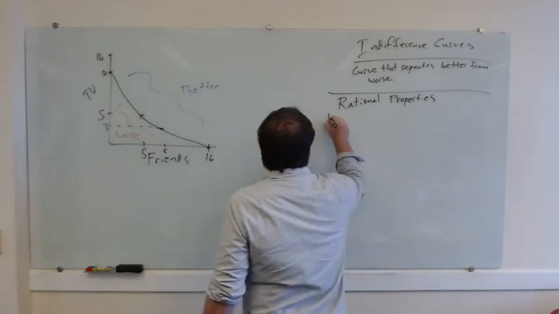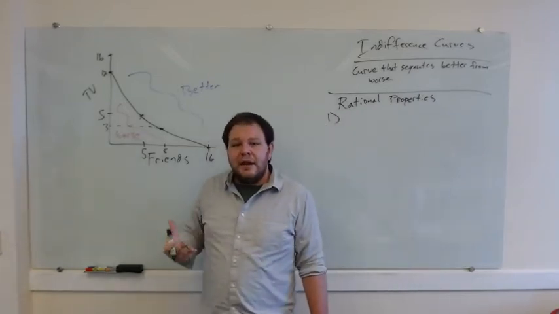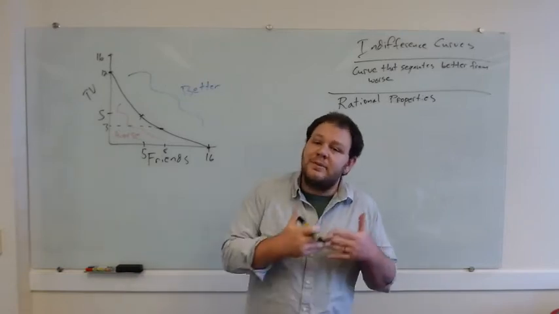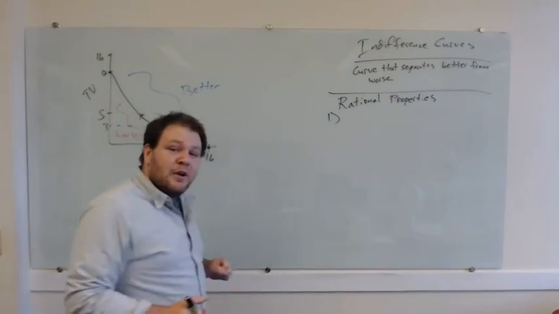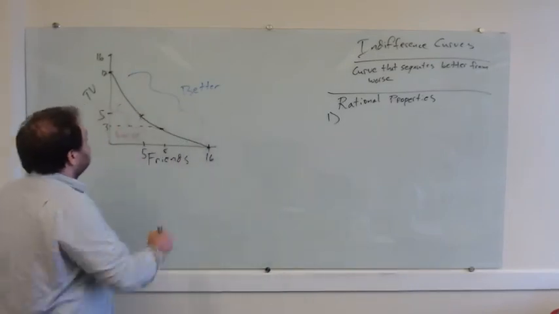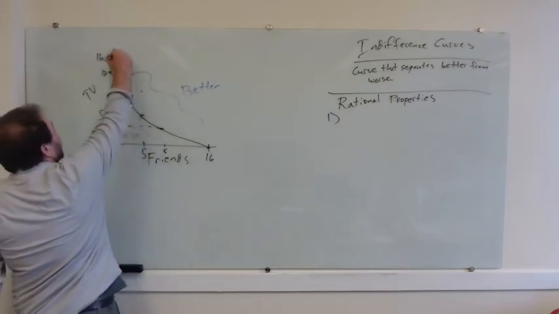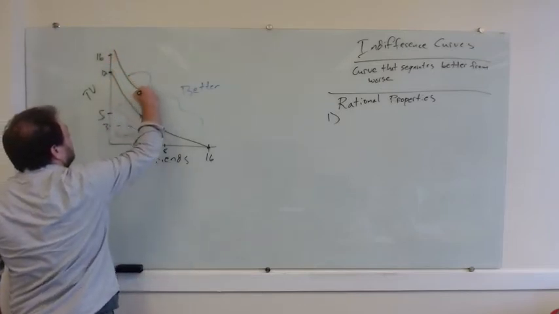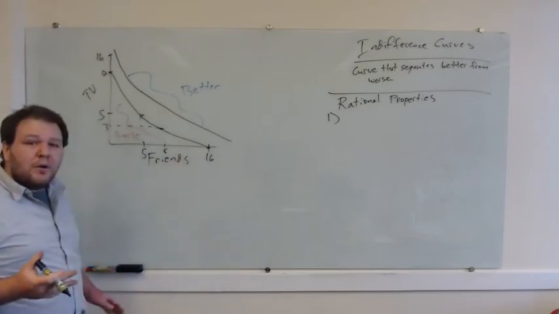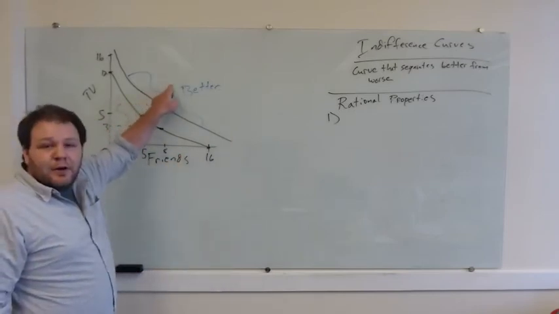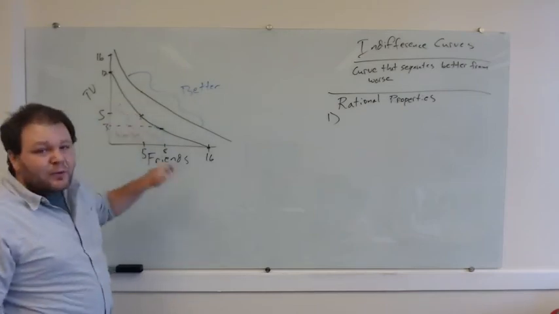So first of all, we know that preferences that are rational have to be complete. In other words, I can always tell you whether something's better, worse, or the same. What's that going to look like in an indifference curve? Well, I can pick any point, and I can draw an indifference curve through that point. Any point on here, I can draw an indifference curve, and by doing so, I'll tell you everything that I prefer to that point, everything that I prefer that point to, everything where I'm indifferent.